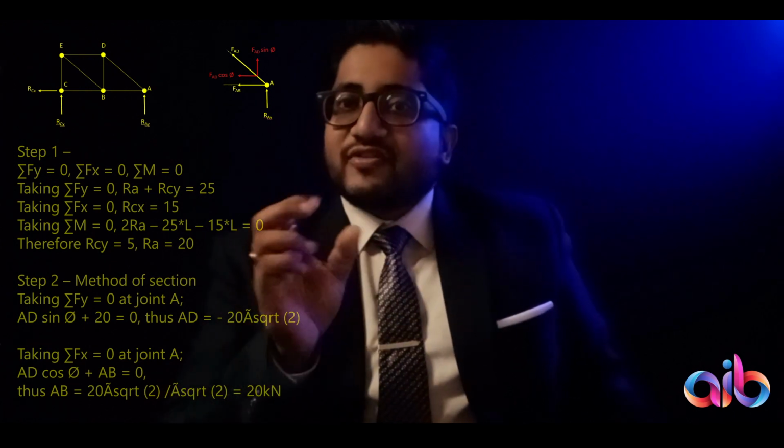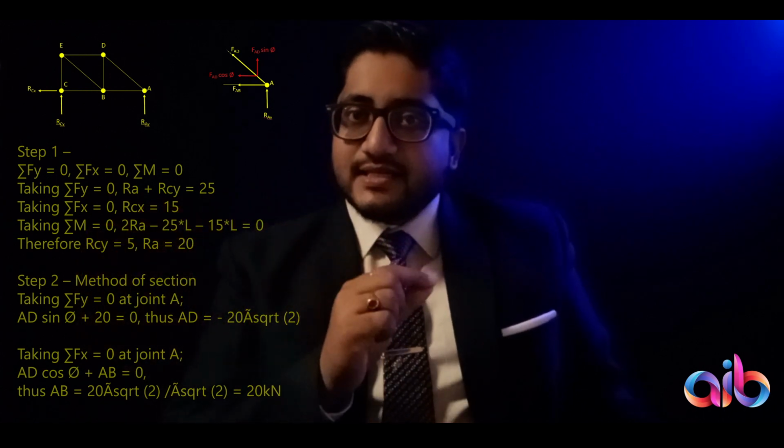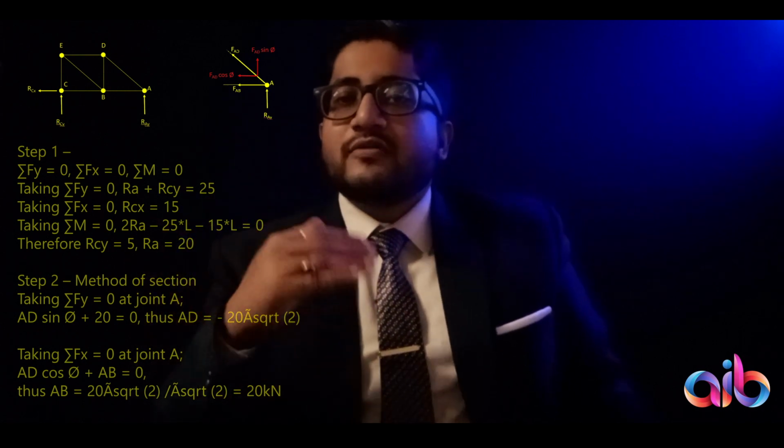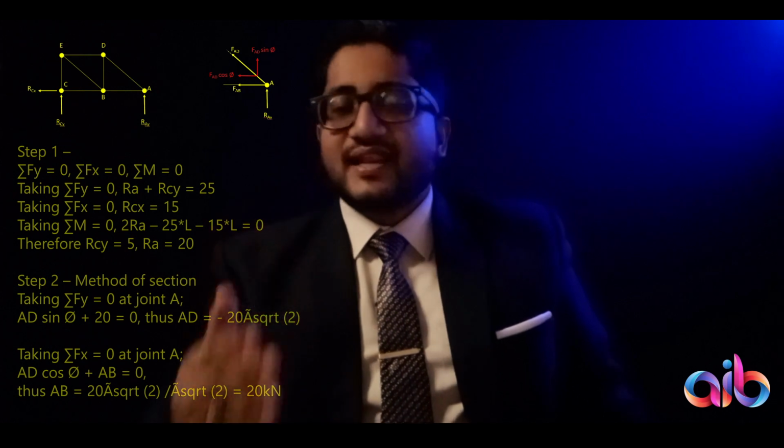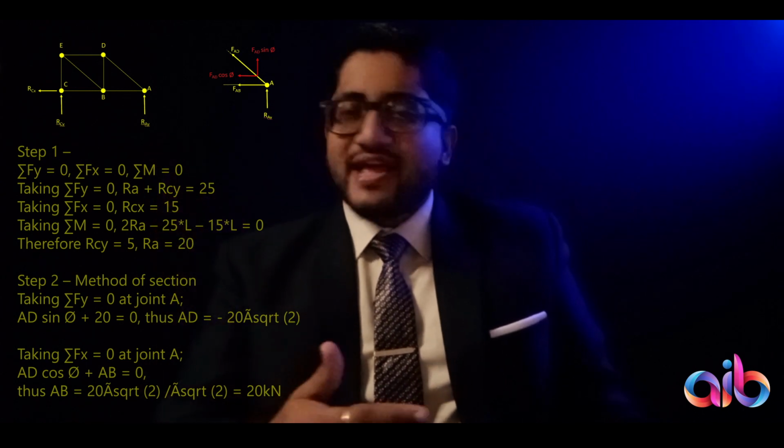So again for 15, the line of action of force around point C is a distance of L away from that point C, clockwise rotation. So we'll have minus 15 times the length. Obviously the lengths get cancelled out because the other side is 0, and these 3 add up to a summation of 0 moment. So obviously L's get cancelled off, and for reaction at A, you end up with a magnitude of 20.